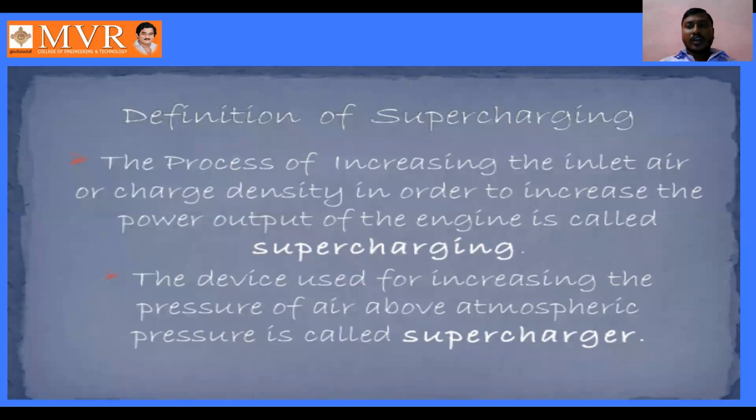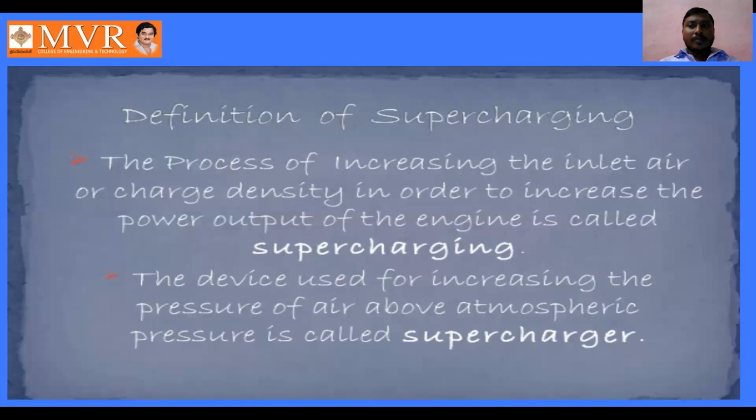Coming to supercharging: the process of increasing the inlet air or charge density in order to increase the power output of the engine is called supercharging. Supercharging means improving the efficiency and output of the engine.